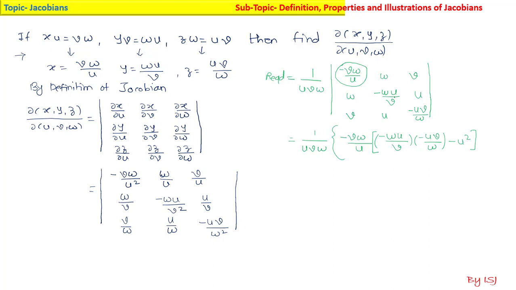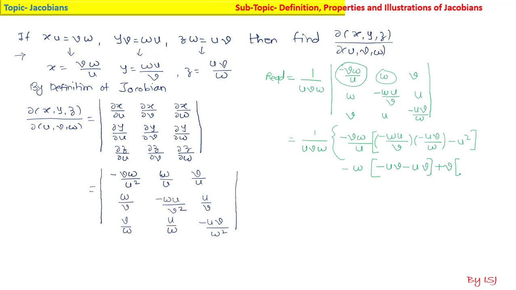Then minus w into the minor of that. Delete the column and row: w into this, w cancels, what remains is only minus uv, and this u into v, so minus uv again.